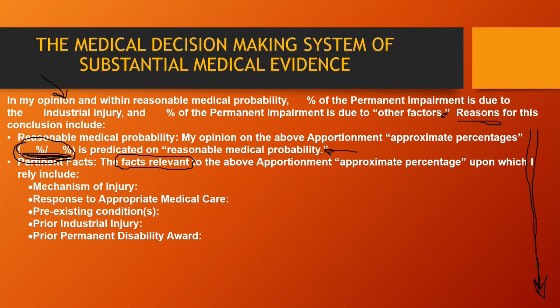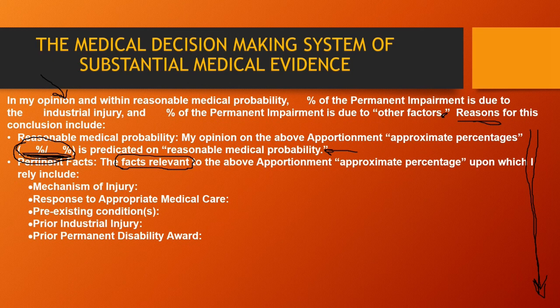So some facts that you're going to want some details about have to do with these different categories of issues. Number one, facts related to the mechanism of injury. Number two, facts related to the response to medical care. Facts related to whether or not there were any pre-existing conditions of the same body part, whether or not there was a prior industrial injury, whether there was a prior permanent disability award.